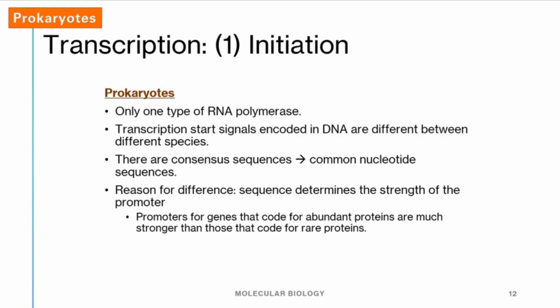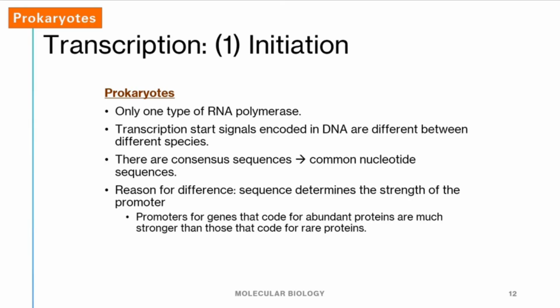And let's take a look at a couple of characteristics of transcription initiation, which are unique to prokaryotes. For prokaryotic cells, there's only one type of RNA polymerase around, and transcription start signals encoded in DNA are different between different species. There are also some consensus sequences. By consensus sequences, we mean some of the nucleotide sequences are common in all the promoter regions.